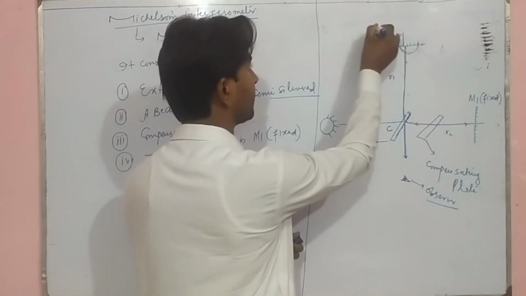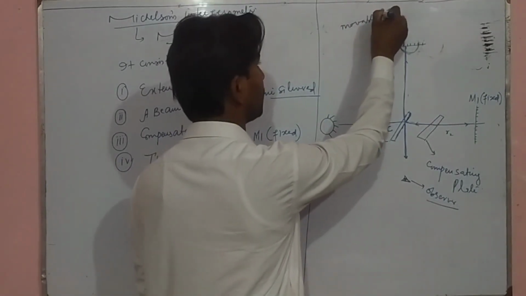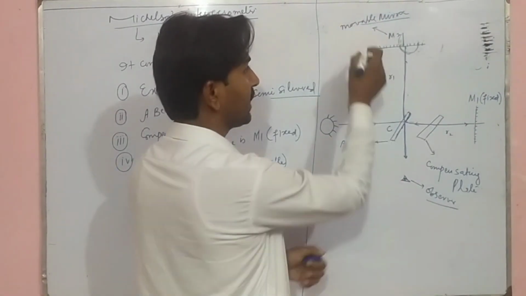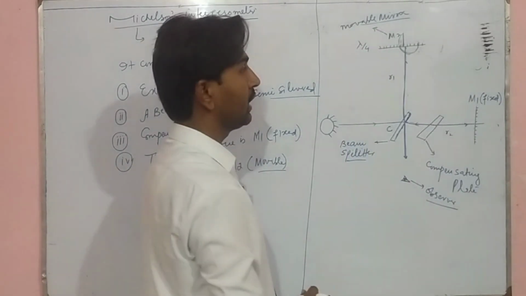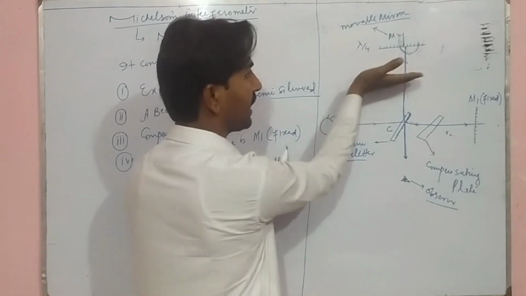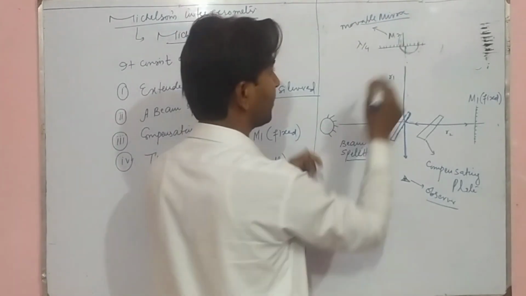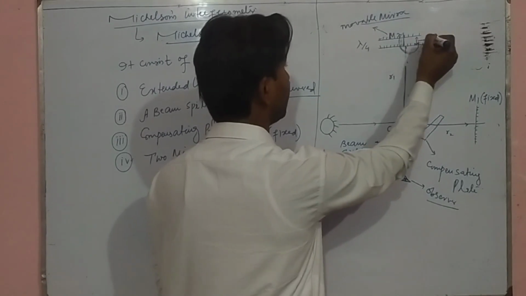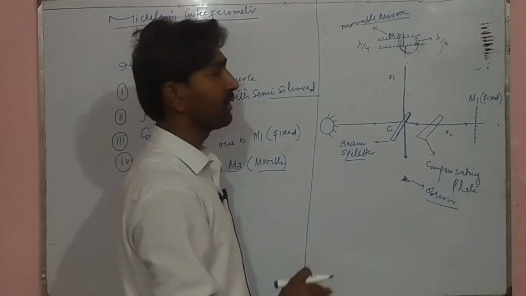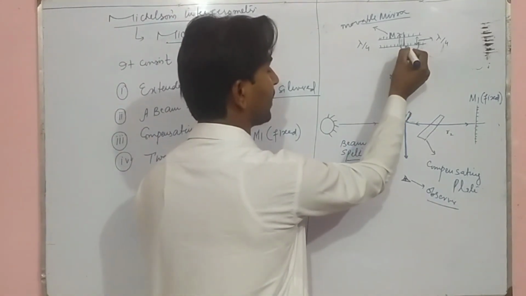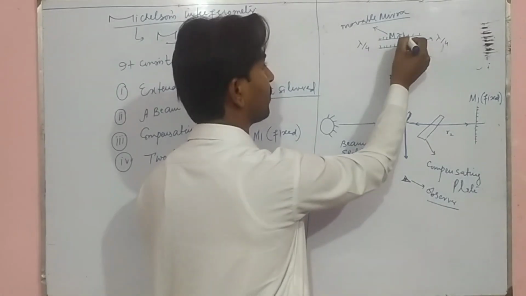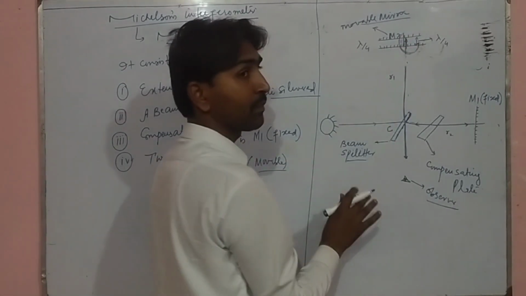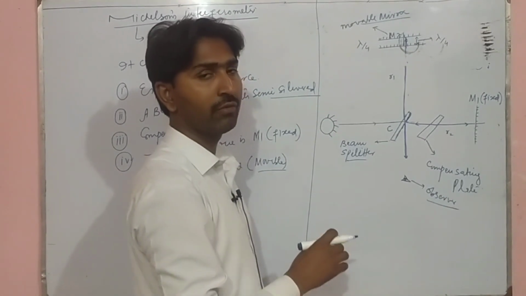Let's say both mirrors are perpendicular to each other, and this is M2, the movable mirror. If we move the mirror parallel to itself by lambda by 4, then the ray has to cover lambda by 4, and after reflection it will cover the same distance lambda by 4 again. So there is a path difference of lambda by 2.